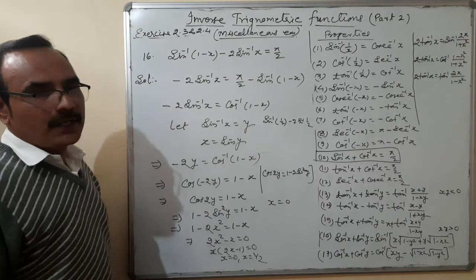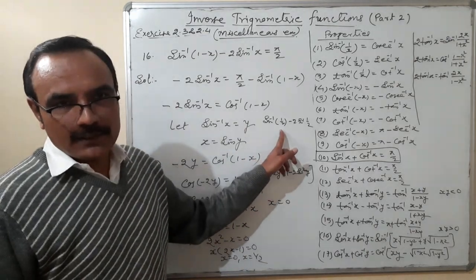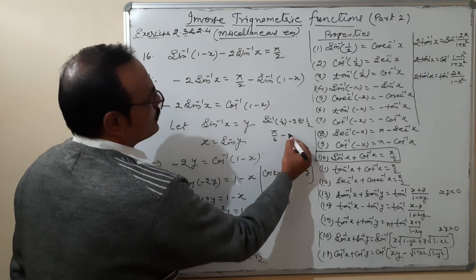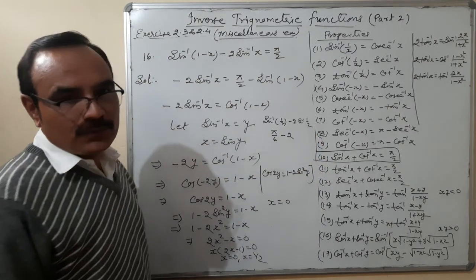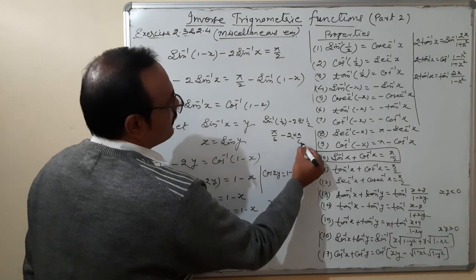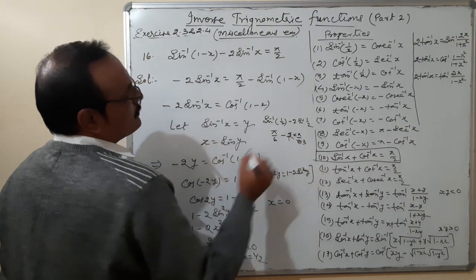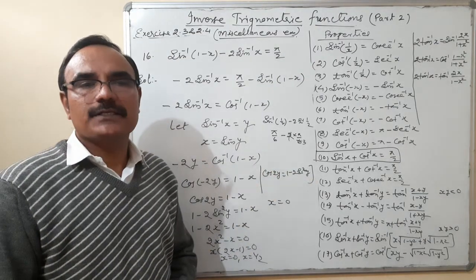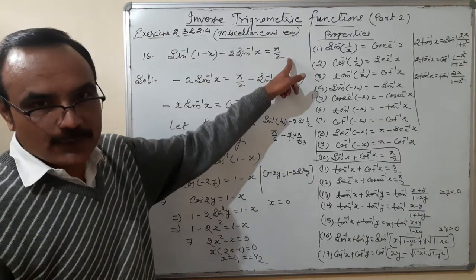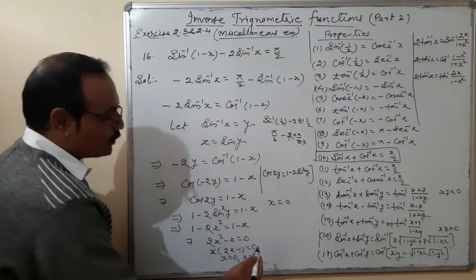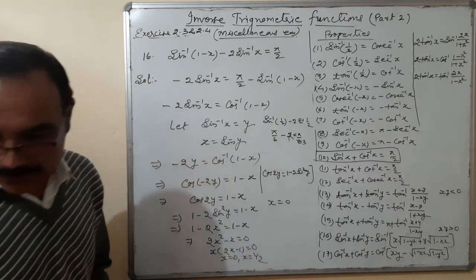Sine inverse 1 by 2 is sine 30, pi by 6, minus 2 times sine inverse 1 by 2, again pi by 6. So it is coming pi by 6 minus pi by 3, that is 30 minus 60, it is coming minus 30. But here on the right hand side, what is it? Pi by 2, 90. Okay. That means x is equal to 1 by 2 is not correct.